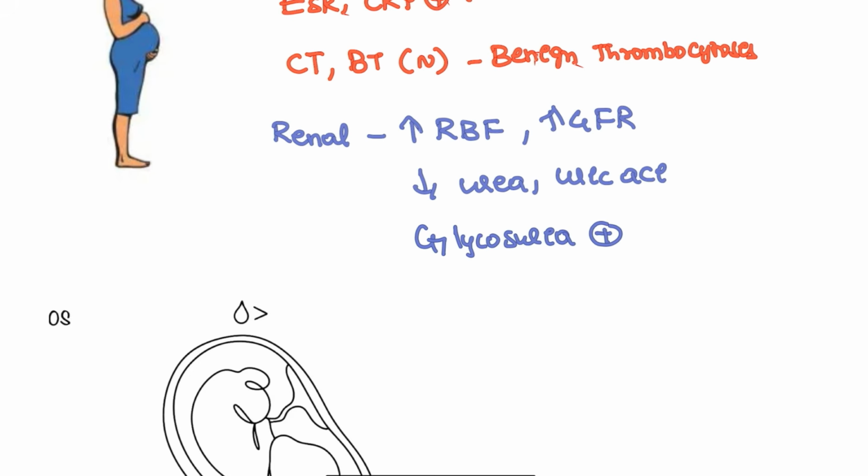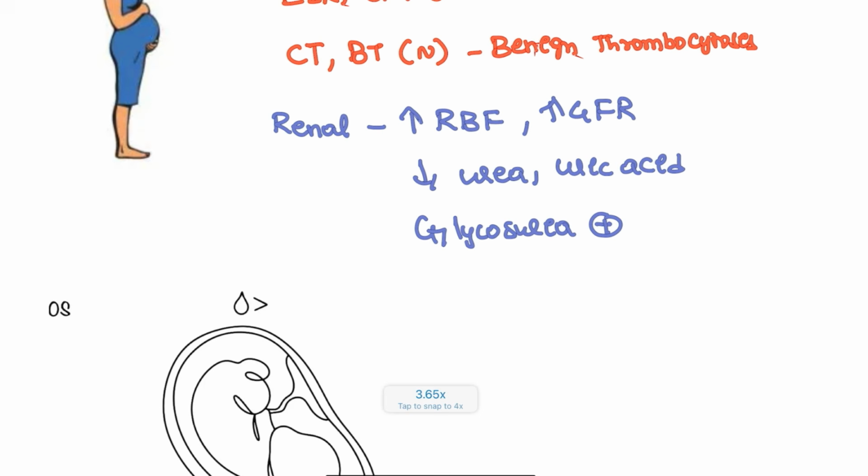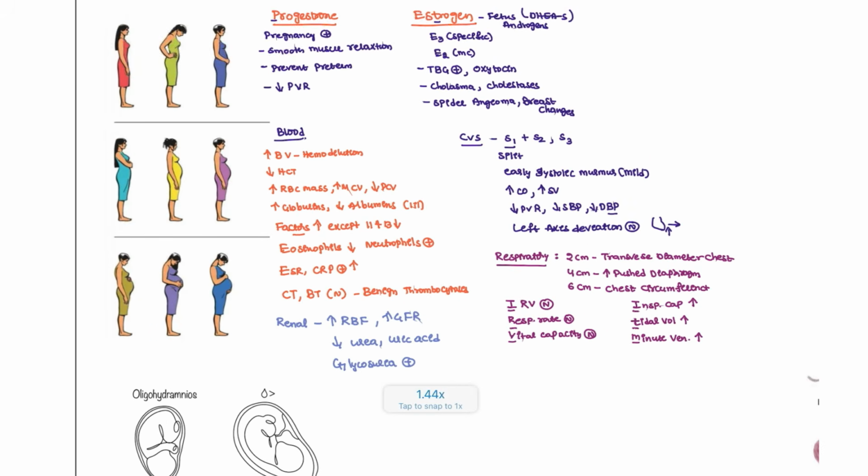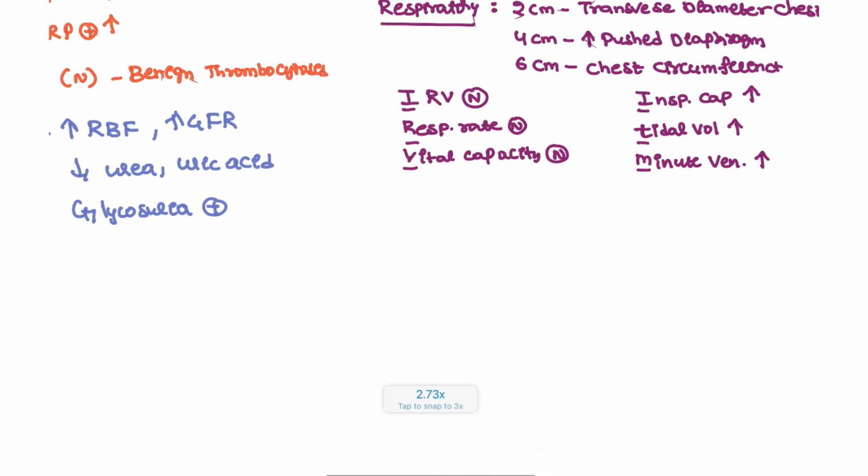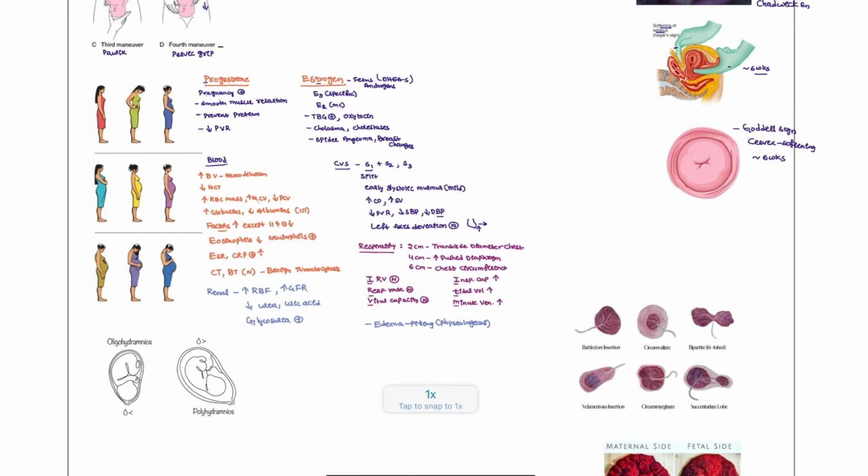So physiological glucosuria is seen in these patients, and due to the changes in all these parameters, most of the time the patient can present with edema. This edema is a pitting edema, and it is also physiological. By the time the patient rests, it will subside. So physiological edema is also seen in these patients. These different structures and hormones will be considered important points for our examination, right?